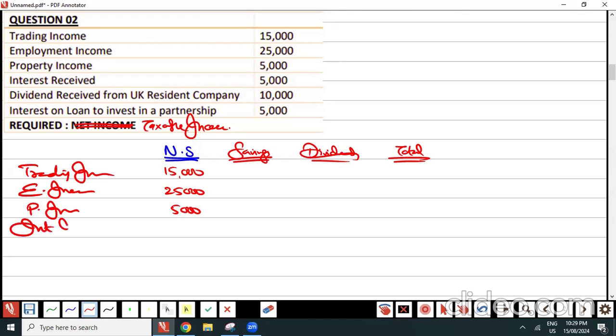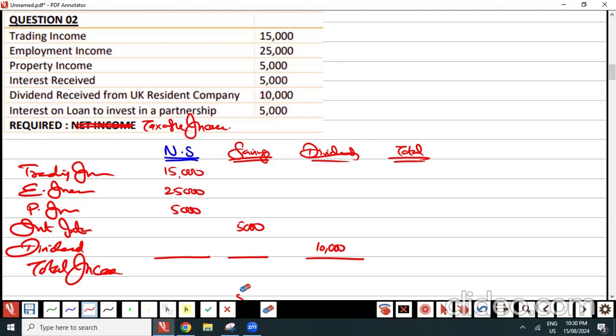Then interest received will go in savings, and dividend received will go in dividend. So we'll get the total income now: 45,000, correct. 5,000 and 10,000.